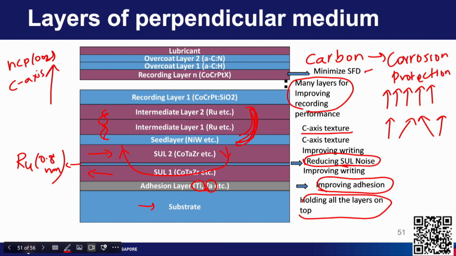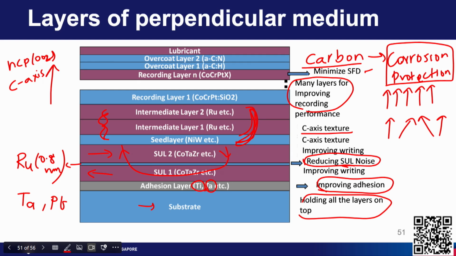If any of you are working on thin films, typically you may use some layers as a capping layer, tantalum, platinum, or some such layers, deposited on the top to protect your films from getting corroded. But in the hard disk industry, we use a carbon layer to prevent the disk from getting corroded.